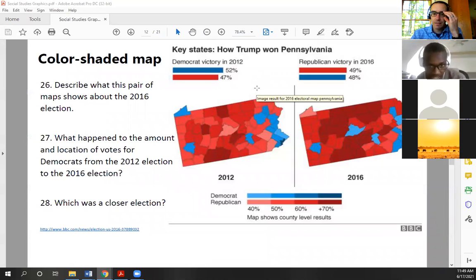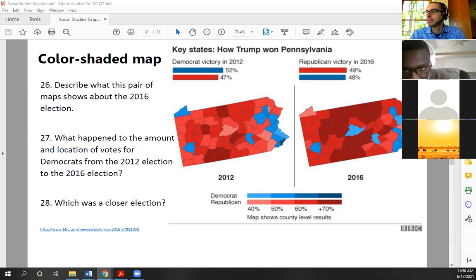I'm looking at this right here, Democrat dark blue, light blue, and I'm looking at who voted for Hillary Clinton, the blue, and Trump, the red. Most of Philadelphia voted for Hillary Clinton, and I'm seeing that's 70%, which is most.